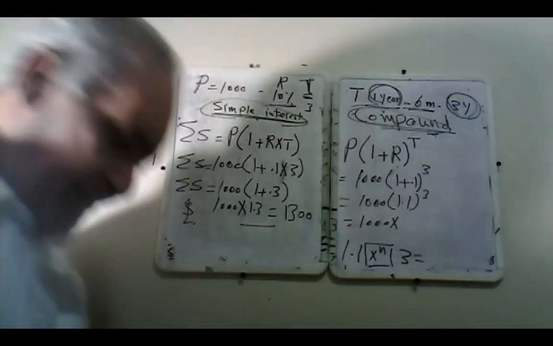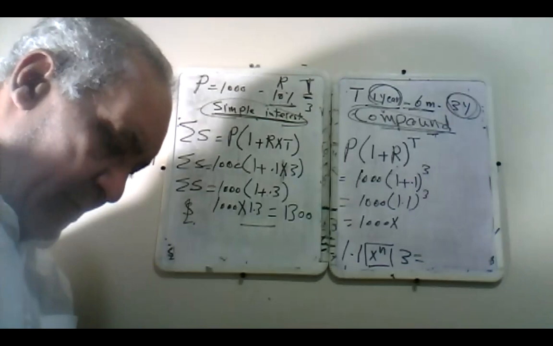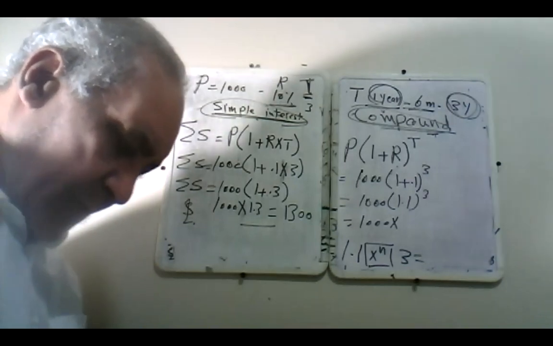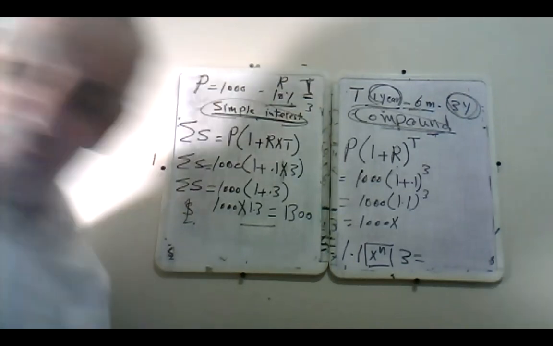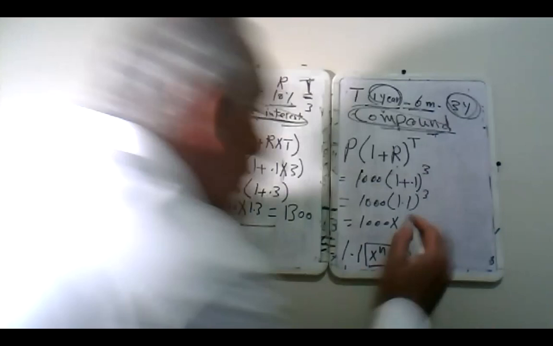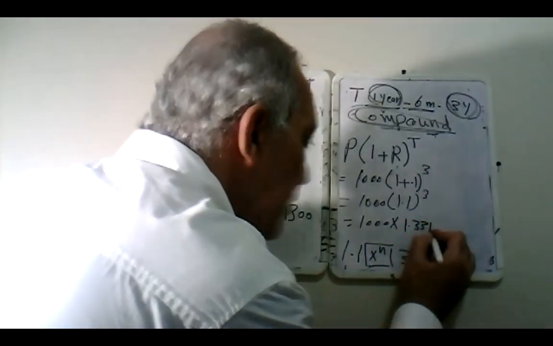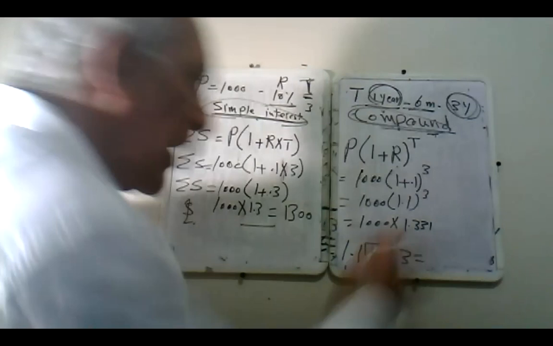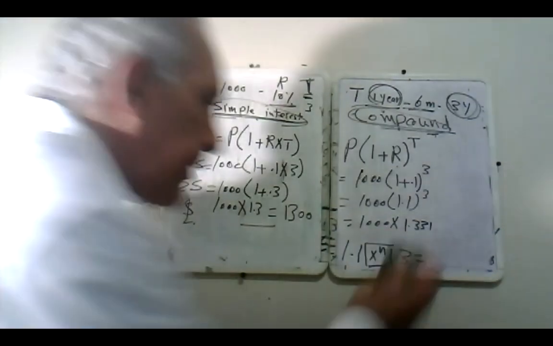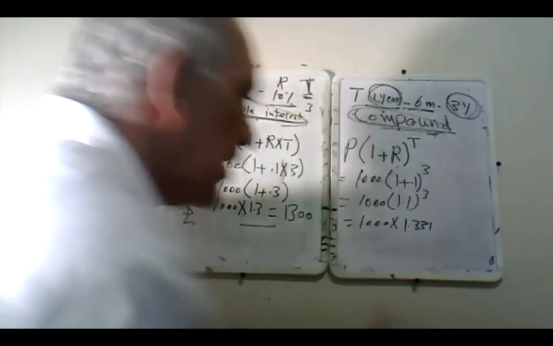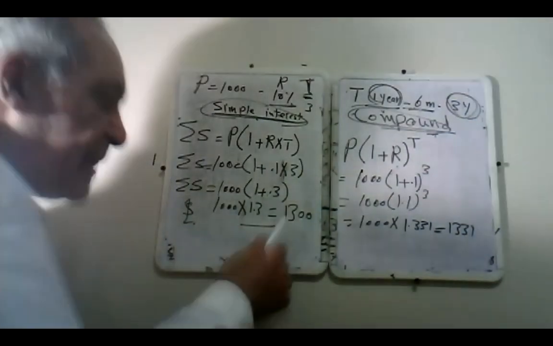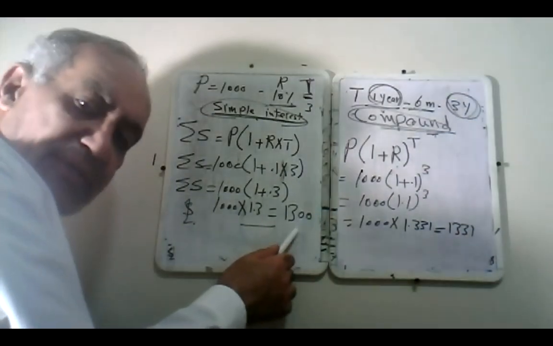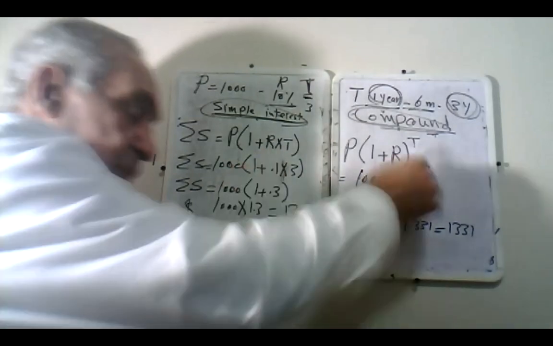Let's see, 1.1 xn 3 equals 1.331. So when I multiply it that way, it will give me $1,331. In the simple interest, it was $1,300, but for the compound, it is 1,331.